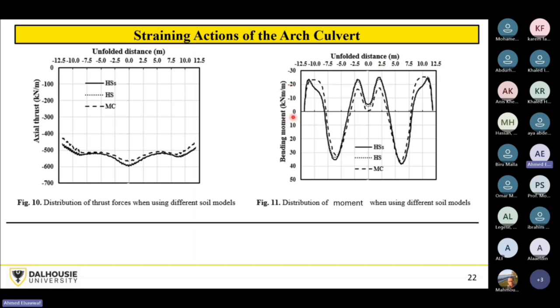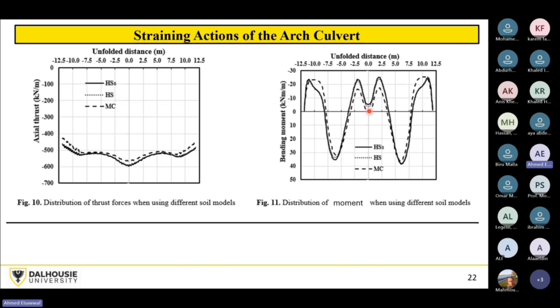For the bending moment distribution along the unfolded distance, this is a typical shape at the final phase after imposing the live loads. Here we have a peak negative moment on each side, and then it was going to be a positive moment at the center, because we have the large effect of the truck at the center.